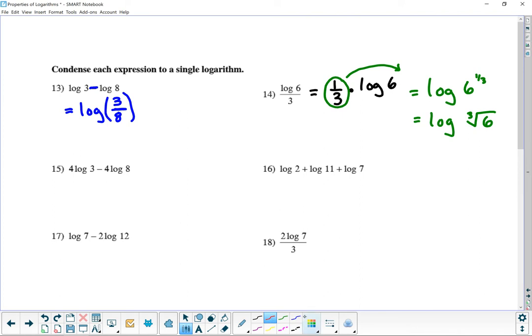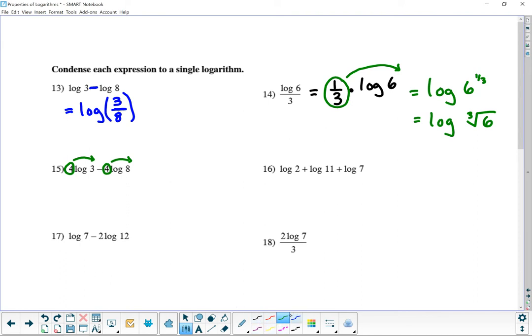So this one, I'm going to look at it and realize that you have a product multiplied into log base 10 of 3, and then you have another product of 4 multiplied into log base 10 of 8, so I'm going to use the power rule.